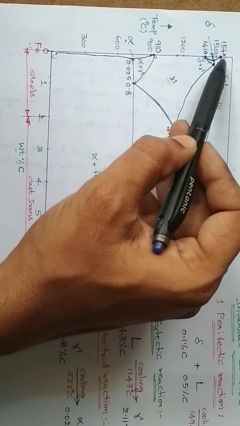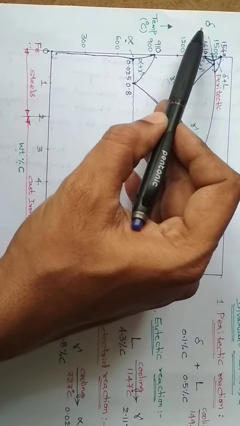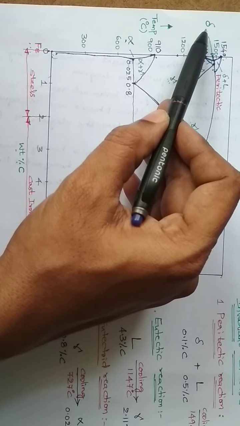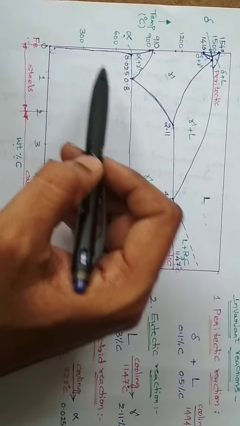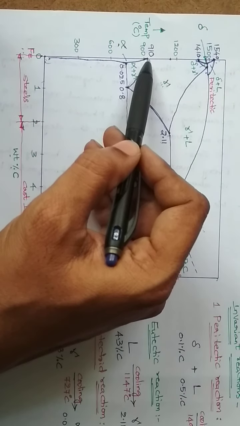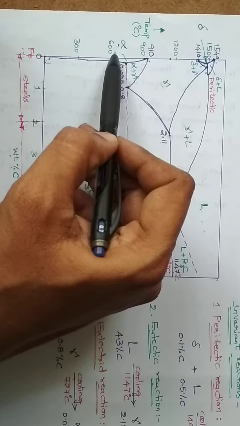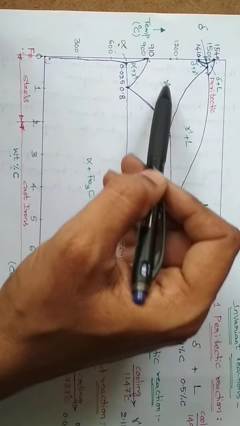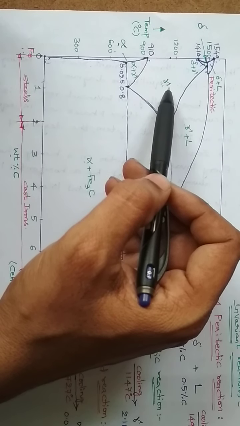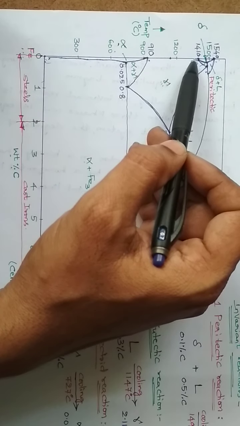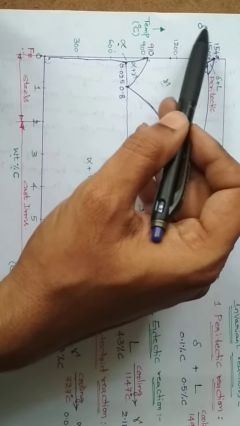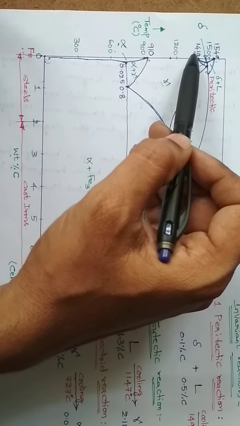And from 1410 to 1540, iron exists as delta iron. Delta iron has a BCC crystal structure. So you can see one metal exhibiting different crystal structures. Up to 910, iron exists as body centered cubic. From 910 to 1410, the crystal structure is face centered cubic, and from 1410 to 1540, the melting point of iron, the crystal structure is body centered cubic.